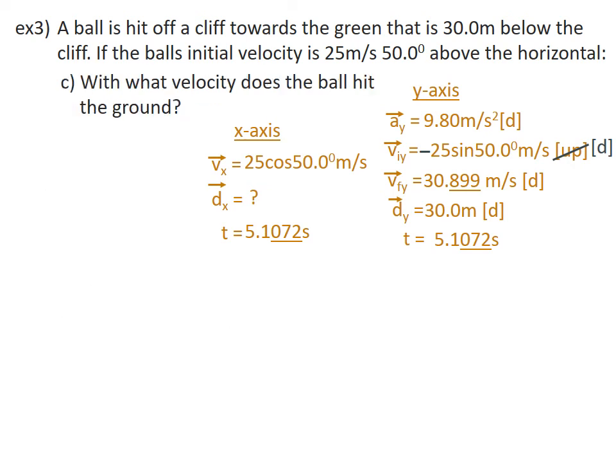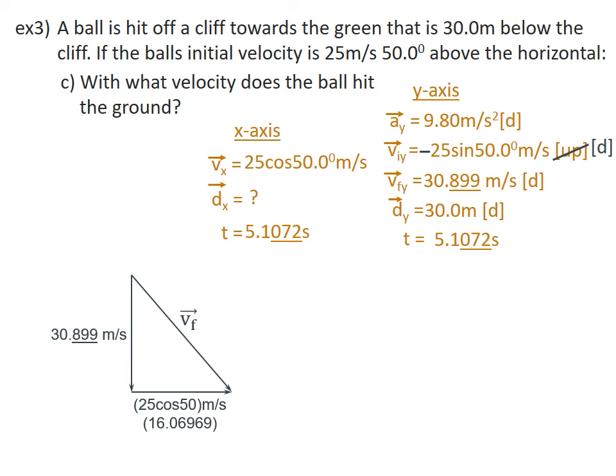And finally, with what velocity does the ball hit the ground? Well, the ball is coming in on an angle because it has a vertical component, which is equal to 30.899 meters per second down, and it also has a horizontal component, which is equal to 25 cos 50 meters per second, which is 16.06969 meters per second.